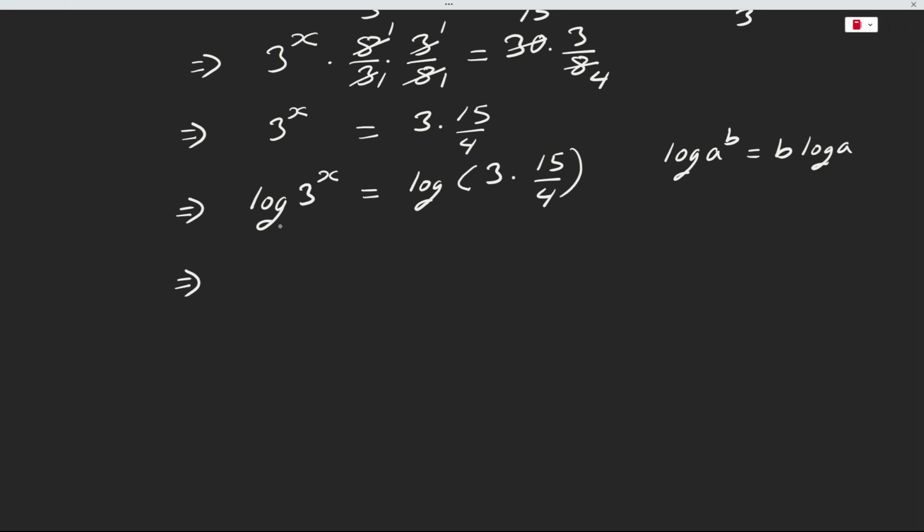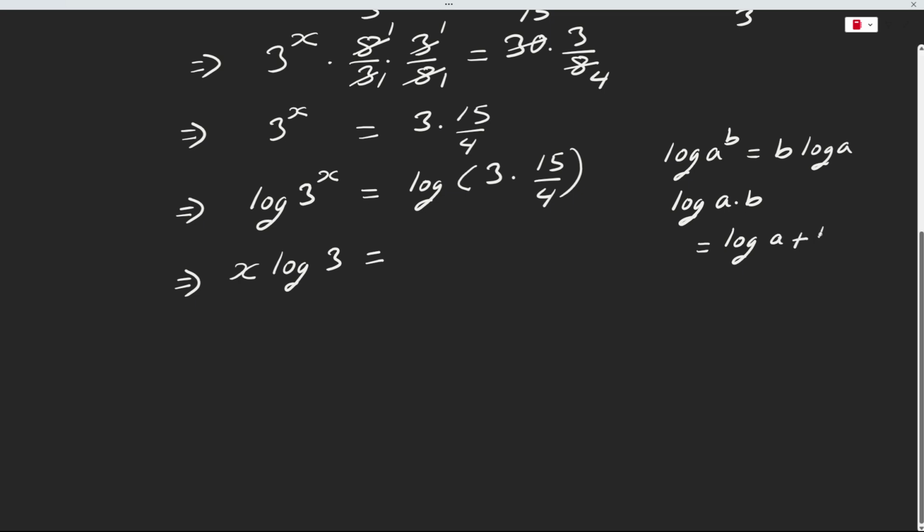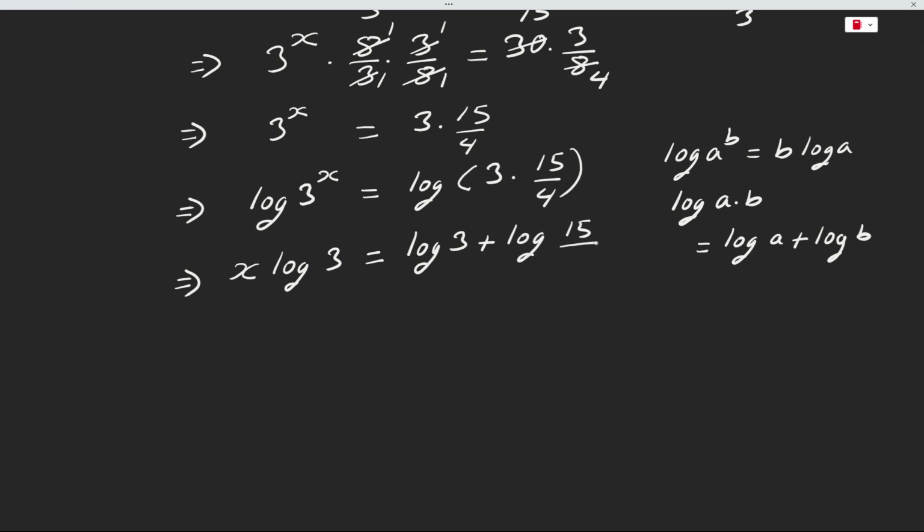So we can write log of 3 raised to the power x as x log of 3 equals, again using the log rule, log of a times b equals log of a plus log of b. We can write log of 3 times 15 by 4 as log of 3 plus log of 15 by 4.